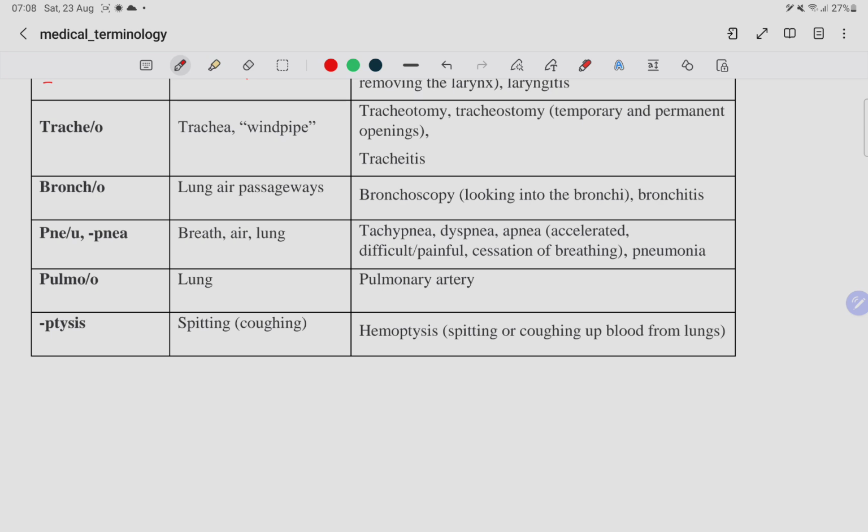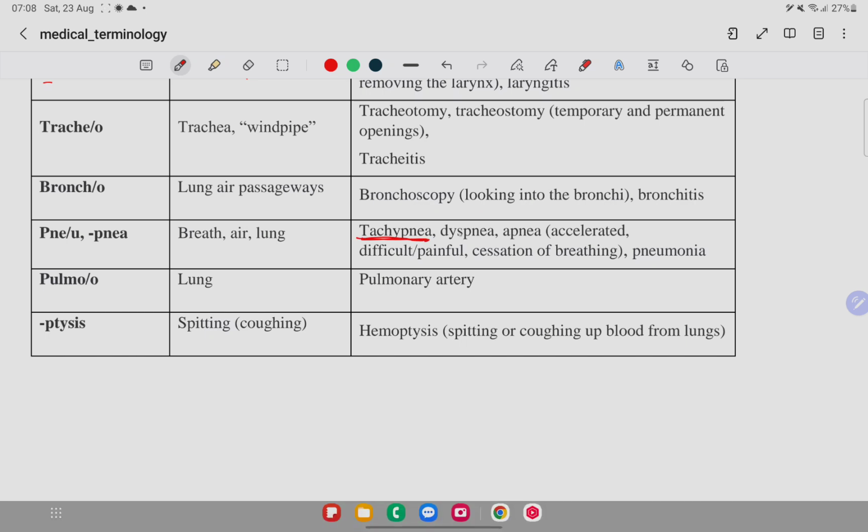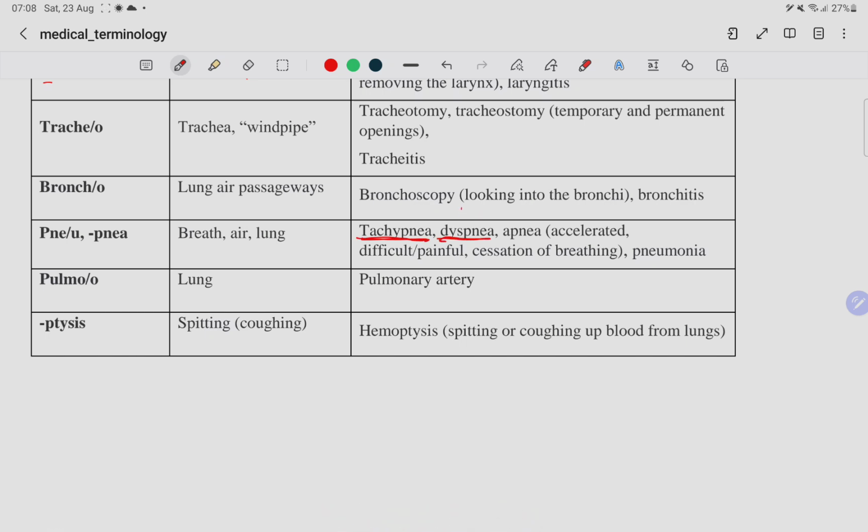Pneumo means air. So tachypnea or dyspnea: this is an increase in the respiratory rate, and this is a decrease in breathing. Pneumonia means inflammation.